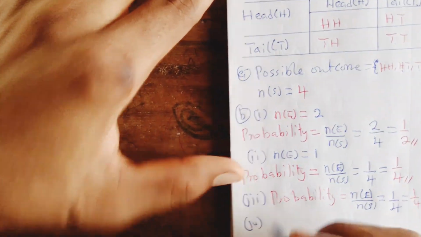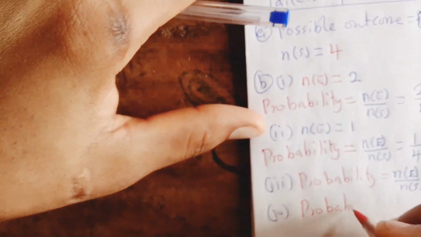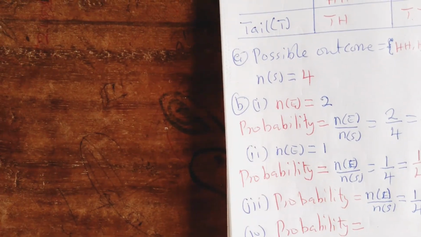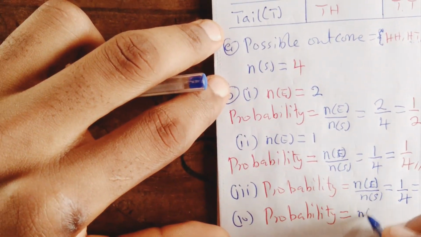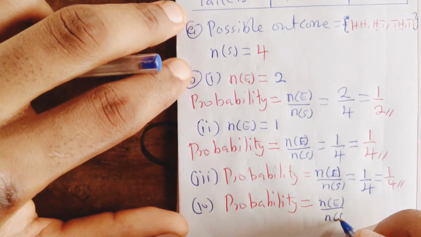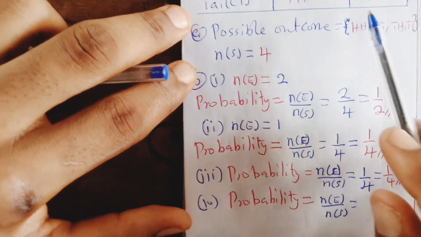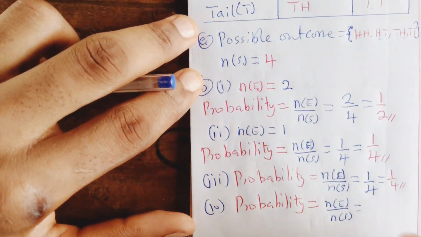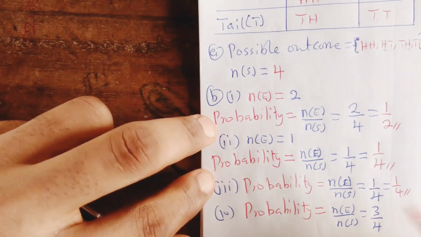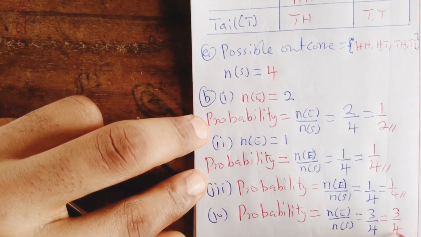So Roman number 4, probability of obtaining at least 1 tail is number of E out of number of S. And then at least 1 tail, we have 3. So that is 3 out of 4. And then my final answer is 3 out of 4.